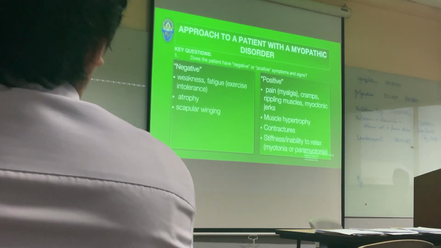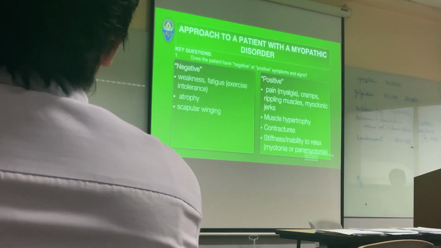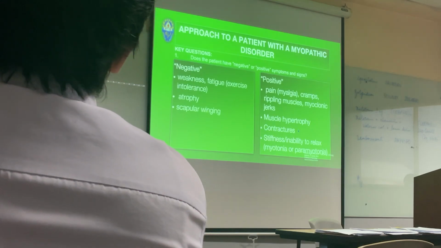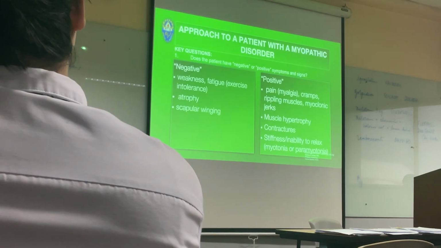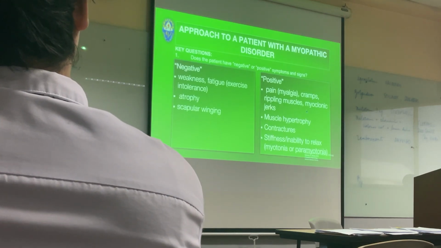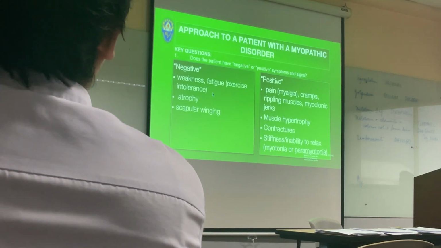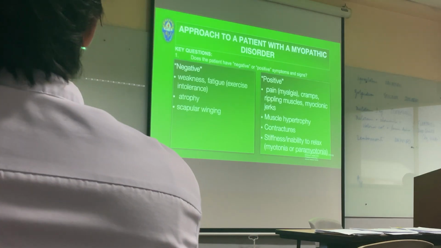Positive symptoms: myalgia, rippling muscles, myoclonic jerks, muscle hypertrophy, contractures, and stiffness and inability to relax. Those are positive symptoms. These are more disturbing because they produce disturbing manifestations, and the negative symptoms, you don't notice them.